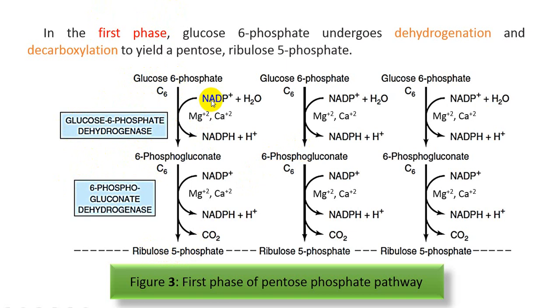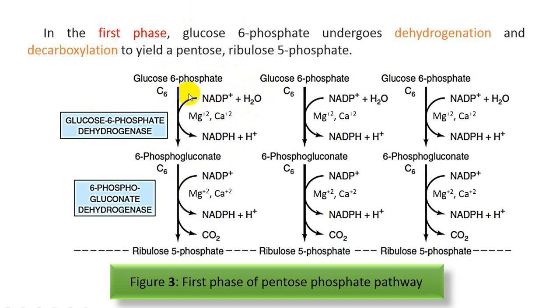Here we've got NADP plus, the oxidized form, and 1 molecule of water. The result, in the presence of this dehydrogenase, is 6-phosphogluconate and 1 molecule of reduced NADPH, in addition to consuming 1 molecule of water. Of course, we've got coenzymes, magnesium and calcium.